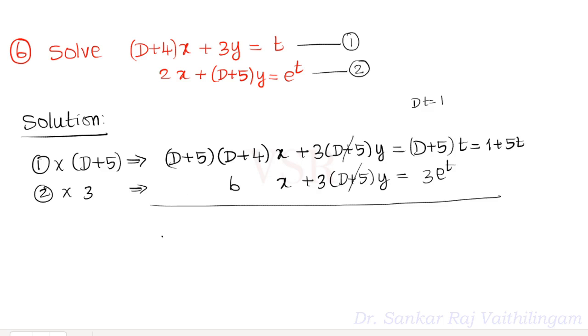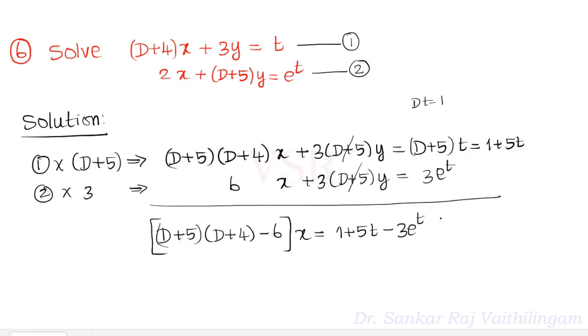So we will have (D plus 5)(D plus 4) minus 6, the whole thing into x, which is equal to 1 plus 5t minus 3 e to the power t. So we have an equation of this type.